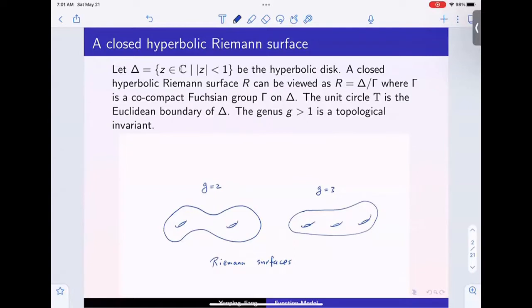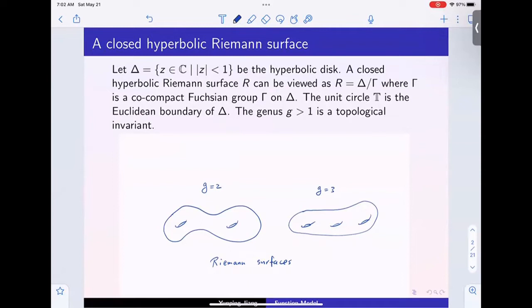A closed hyperbolic Riemann surface can be viewed as a quotient space of the unit disk, the hyperbolic disk, modeled by a so-called co-compact Fuchsian group. A Fuchsian group is made by isometries on the hyperbolic disk.